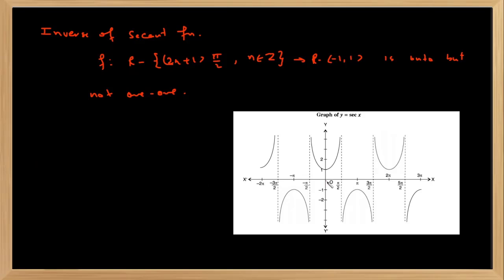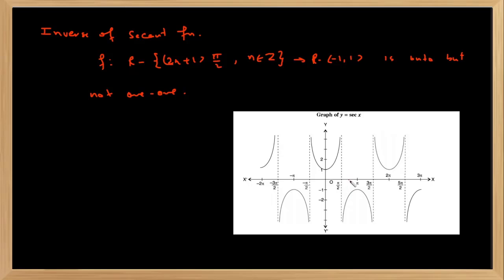Recall this is the graph of sec x. At 0 it is 1, sec 0 is 1, sec pi by 4 is root 2, at pi by 3 it becomes 2, so it will go like this. Then at pi it is minus 1, and between pi by 2 and pi you can take any value.